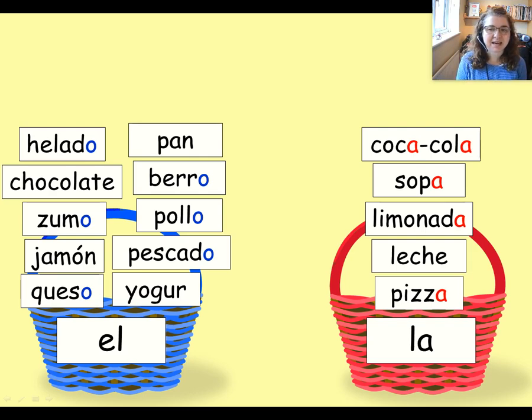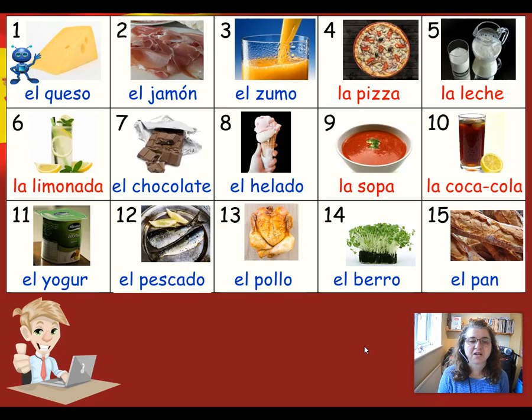So we have el for the masculine ones and la for the feminine ones. Now, here are our 15 foods and drinks again, but this time they all have their definite article added. They all have el or la, which means the in front of them. Let's have a practice of those with the articles because we're going to need those for saying that we either like or don't like these things.